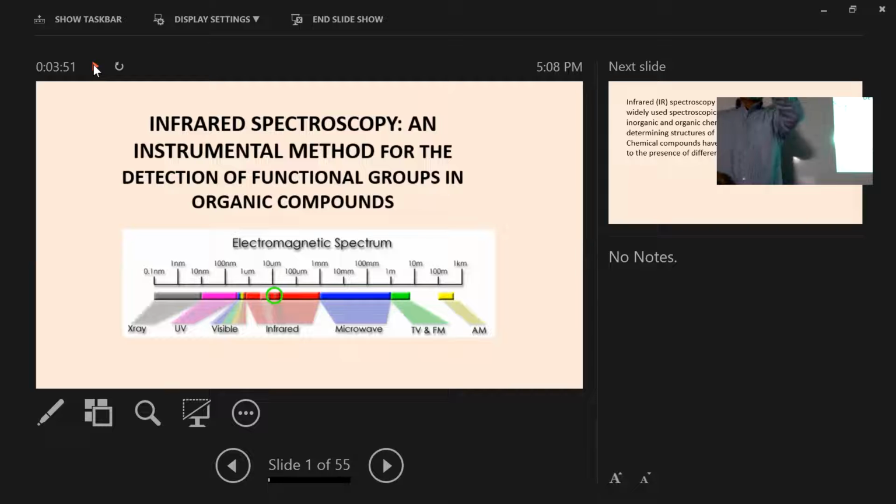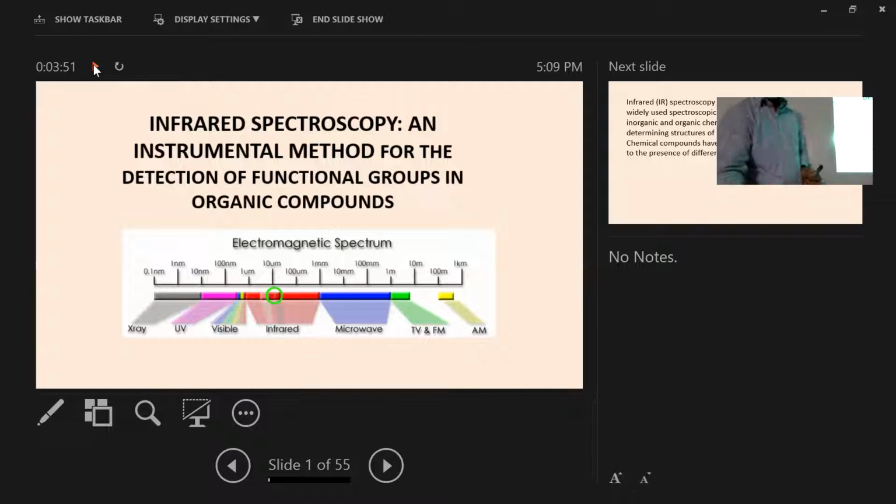But if you have a very small amount of energy, we are considering this is UV, this is visible. Energetically, this is high energy, this is a little bit lower, this is even lower. So if you give this much energy, we can excite the molecule just from the vibrational ground state to the vibrational excited state, or from vibrational level 1 to vibrational level 2, like this.